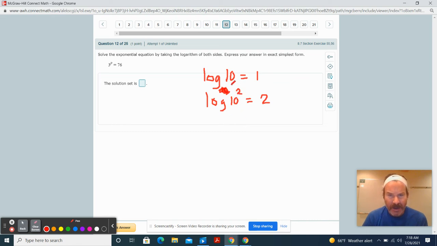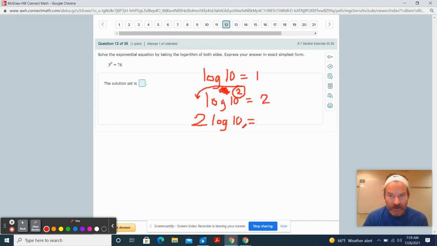So what the power property lets you do, and this is really important to solve this equation, we're going to use the power property, is we can take this exponent 2 and move it in front of the log. By moving it, I mean you could actually write the 2 out in front and then write log of just 10 instead of 10 squared. And this is still equal to the same thing.